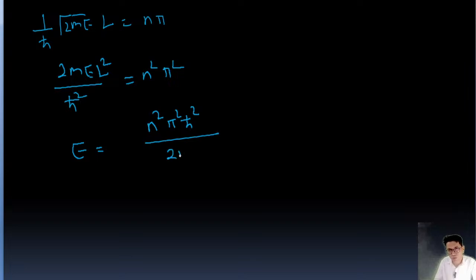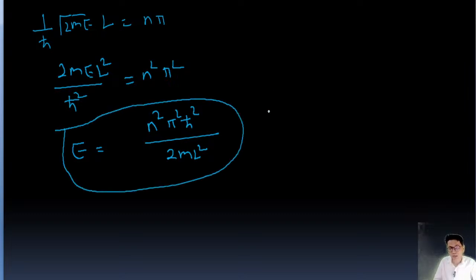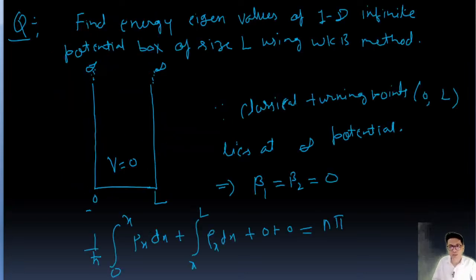So the value of e is going to be n square pi square h cut square upon 2m L square. Okay, so this is the energy eigenvalue which we have already got in the 1D infinite potential box, right? And this we have found by the WKB method.